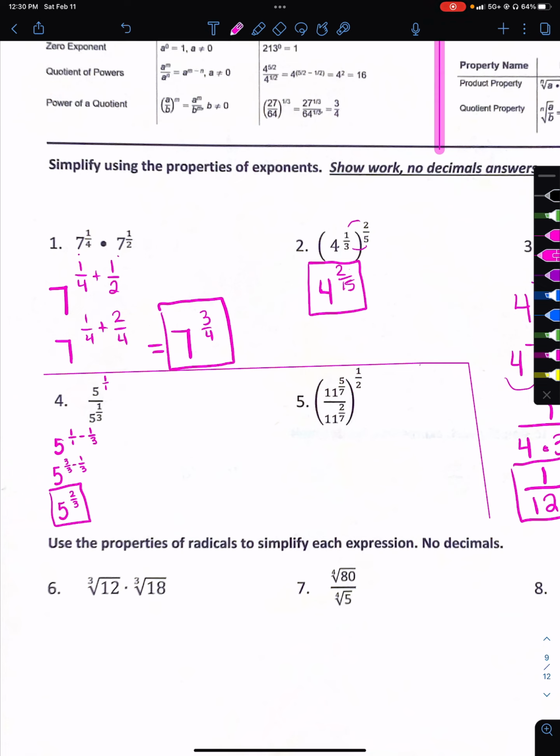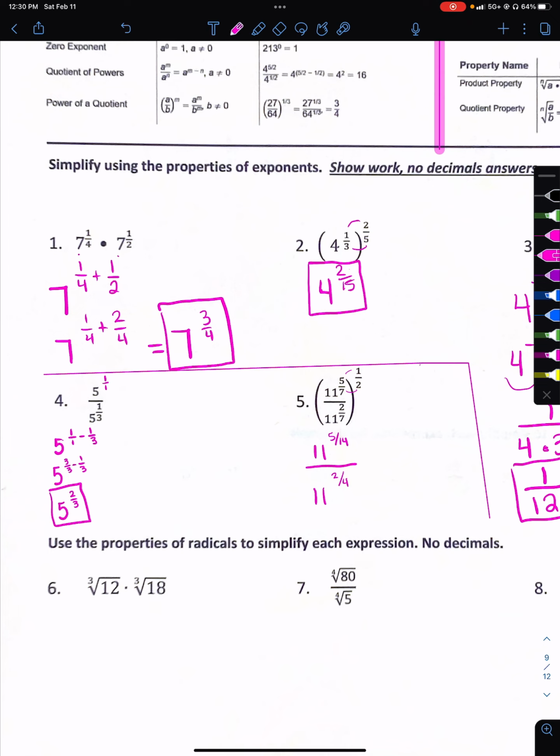Once I do the numerator, I'm going to do the same thing with the denominator, 2/7 times 1/2. So for the numerator, I will have 11. 5 times 1 is 5. 7 times 2 is 14. Divided by 11. 2 times 1 is 2. 7 times 2 is 14.